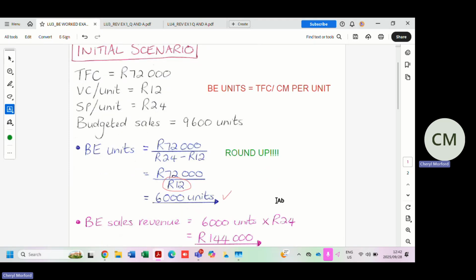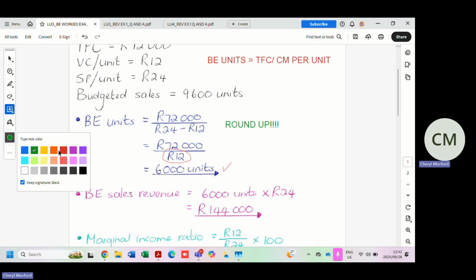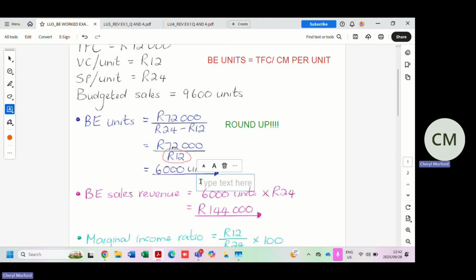Then another typical question is, what is your break-even sales revenue? So I'm just going to remind you there of what that formula is. It's going to be our break-even units, and we're going to multiply that by selling price per unit.